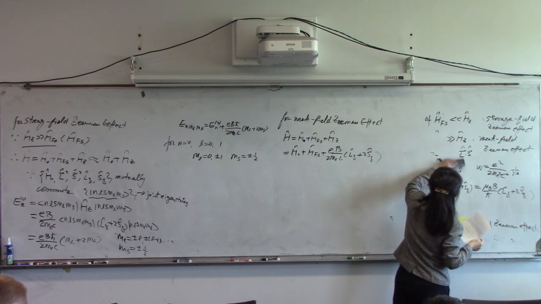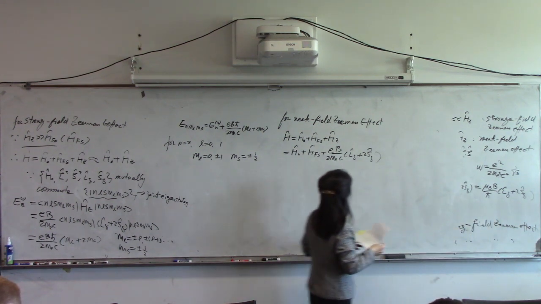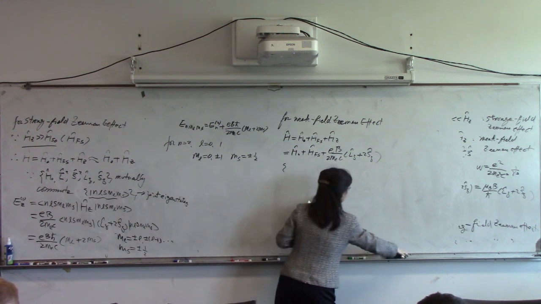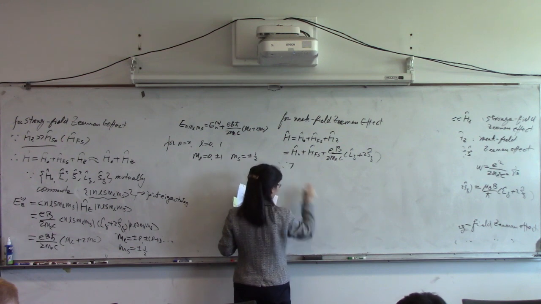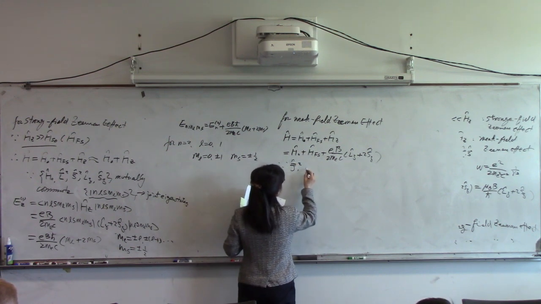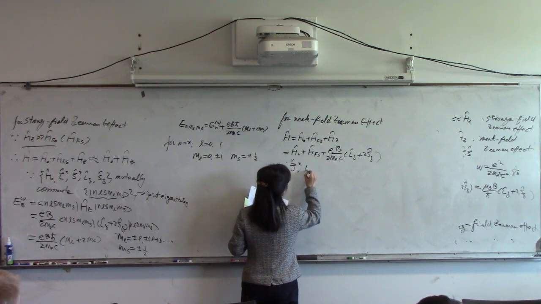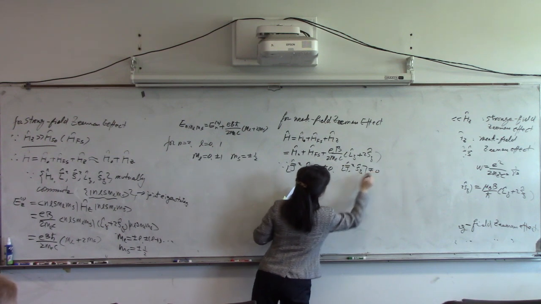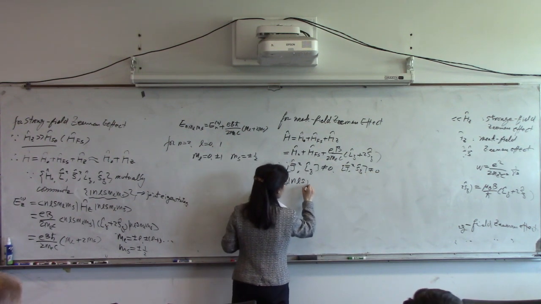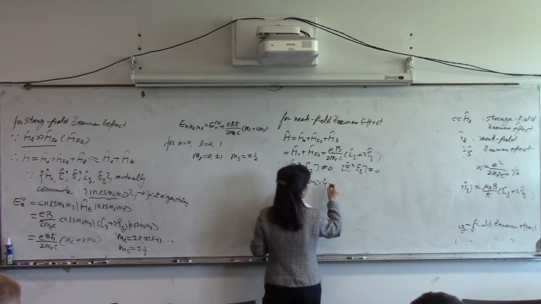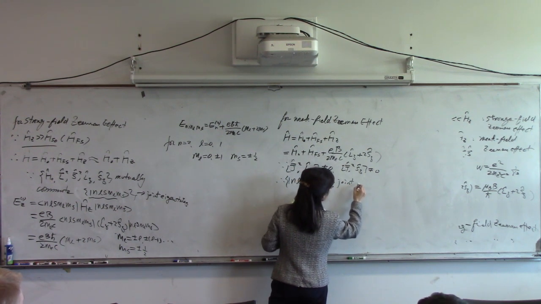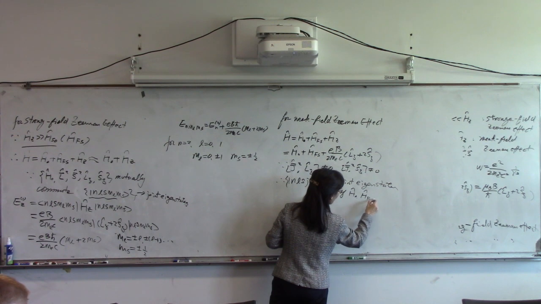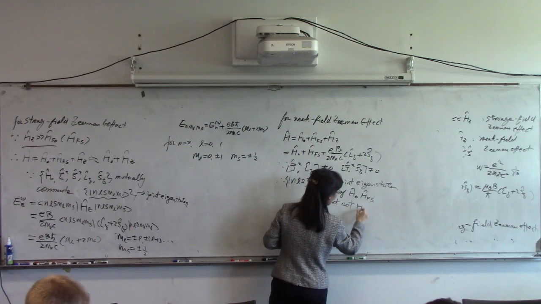Here, can we find the joint eigenstate of this? Since we know the joint eigenstate, let's do this one. J squared does not commute with L_Z, and J squared does not commute with S_Z. So the state n, L, S, J, M_J is the joint eigenstate of H naught and H fine structure, but not H_Z, right?